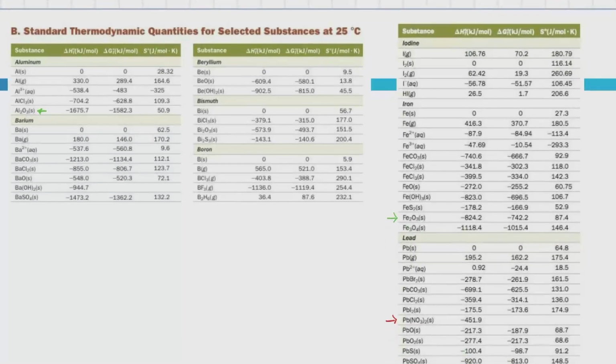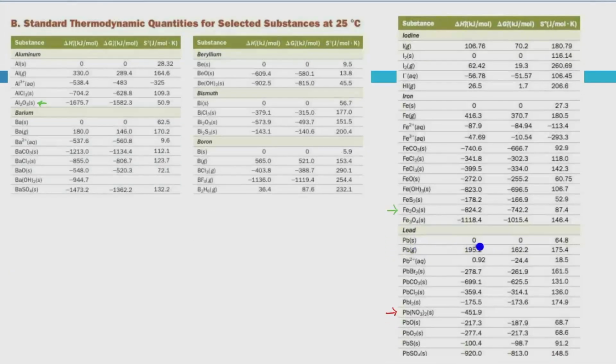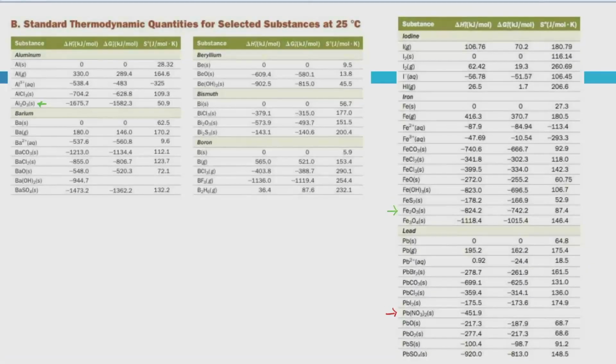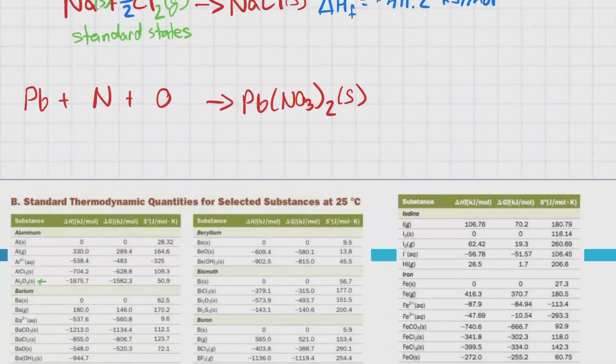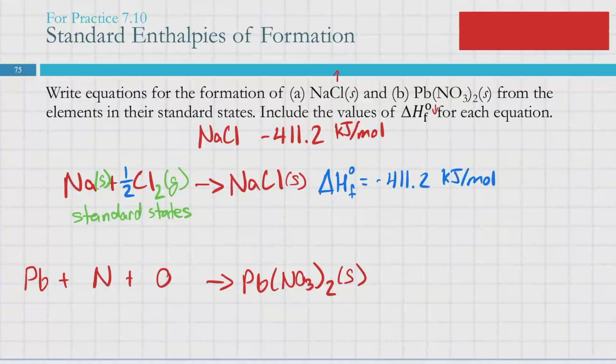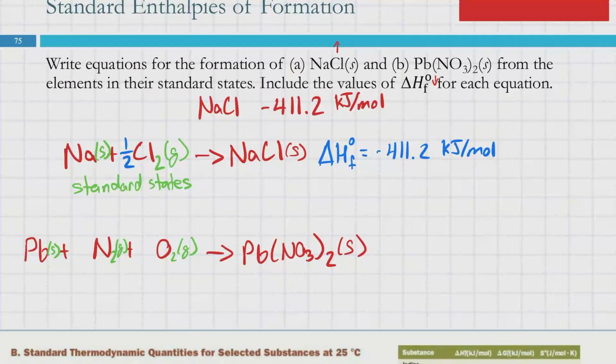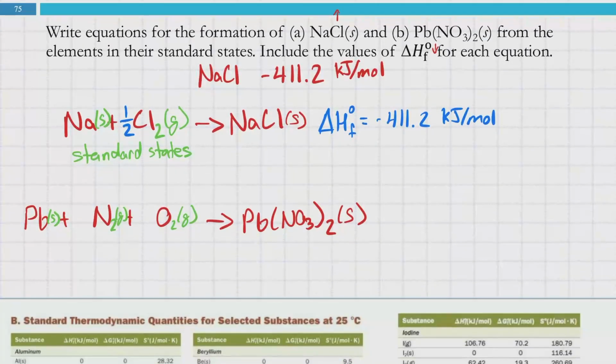So our lead has a 0 for its standard heat of formation when it's a solid, just by itself. And nitrogen and oxygen would have shown up in the previous table as gases, and they're diatomic. So subscripts of 2 and a little g behind them. So that gets everything into their standard states. And then we need to get it balanced.